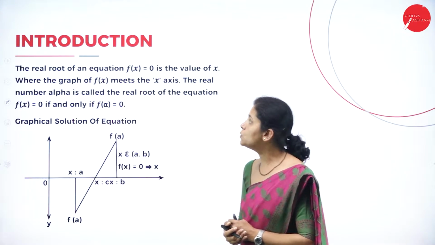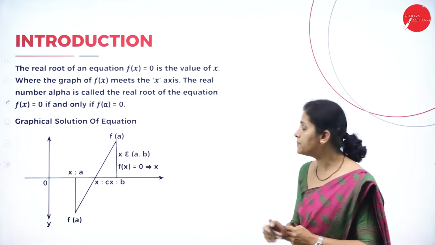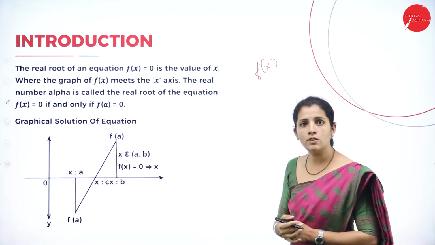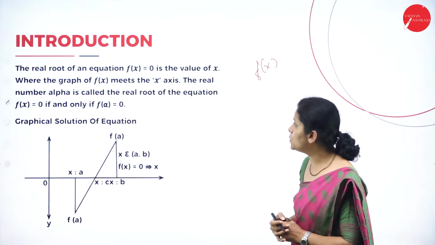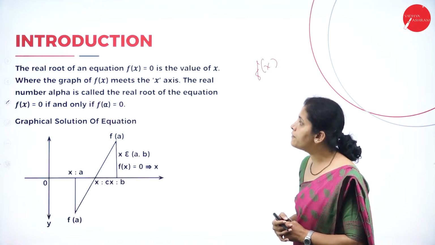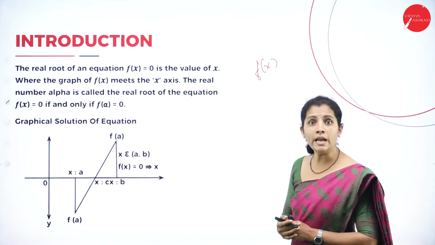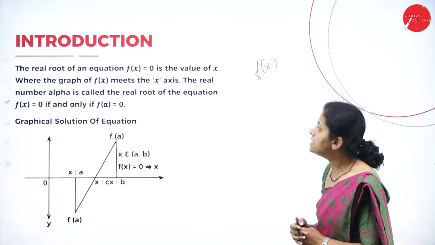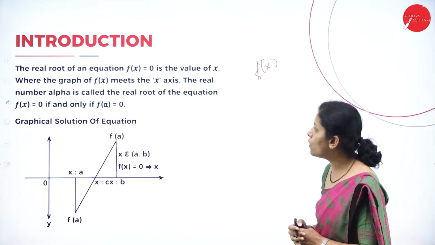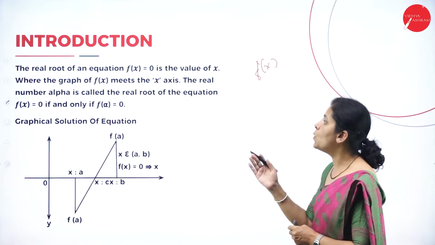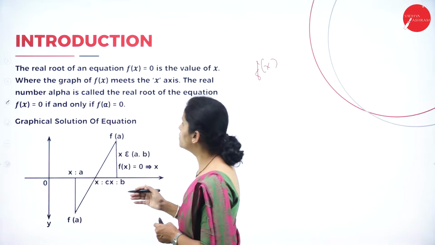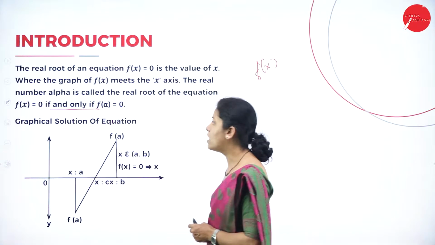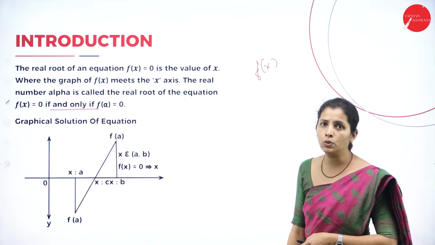So the real root of an equation, that is represented in the form of f of x, that is always equal to 0, where the graph f of x meets x-axis and real number alpha is called the real root of the equation. Only f of x equal to 0 if and only if f of alpha is also equal to 0.